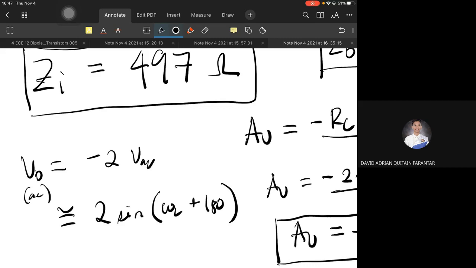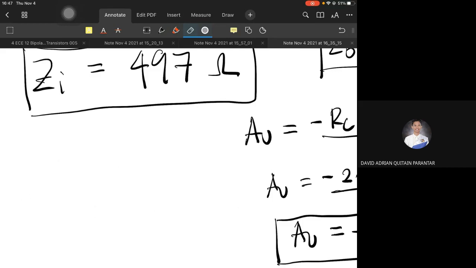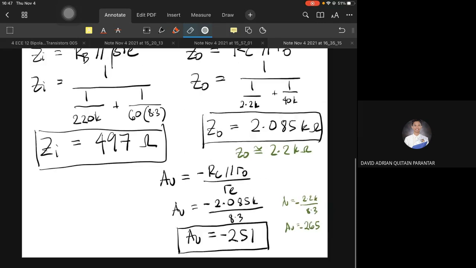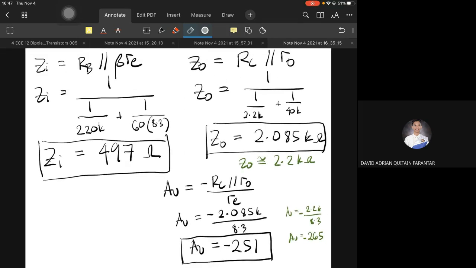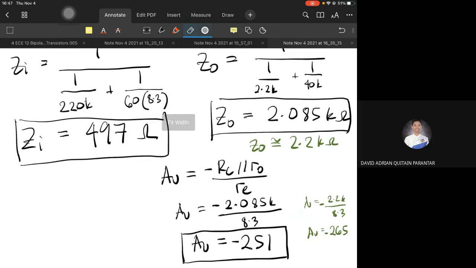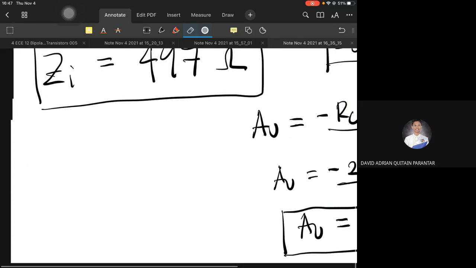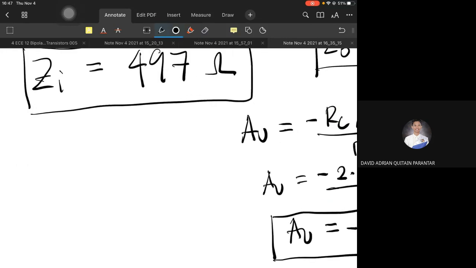Ang implication lang ana is ang waveform is ma-invert lang. Pero that doesn't mean nga na attenuate ang signal. So in terms of amplification, dili mag-matter ang sign.